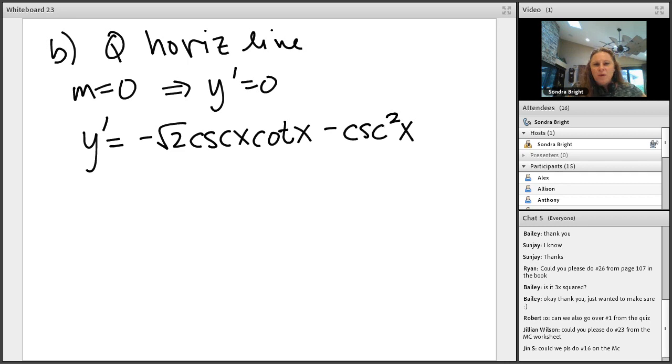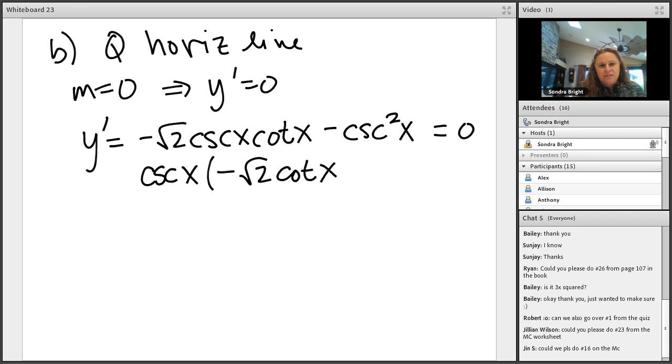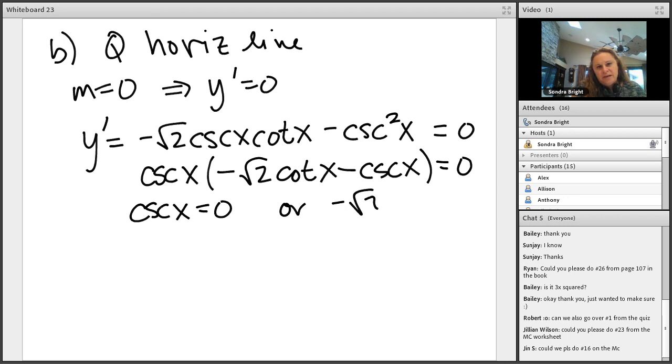Okay, we want when is this guy equal to 0? And so you can solve this, and I can factor out a cosecant first and have negative rad 2 cotangent minus cosecant. This is so not friendly. And so it's when cosecant of x equals 0 or negative rad 2 times cotangent x minus cosecant x equals 0.